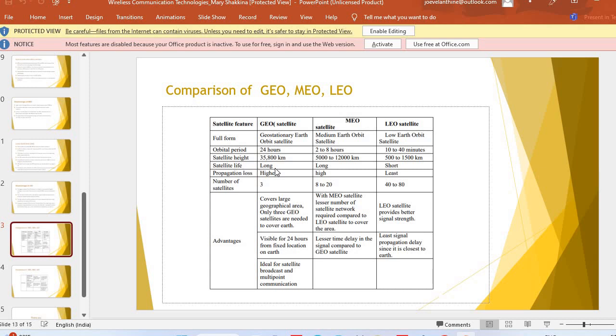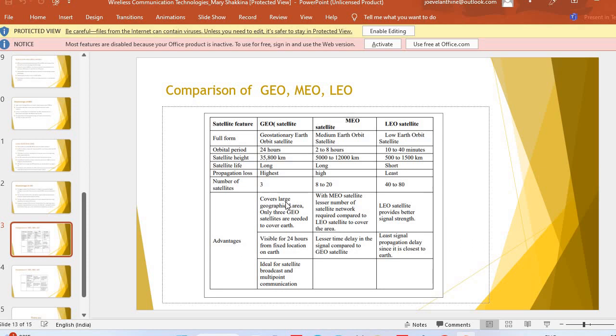Satellite life is long, medium, short. And propagation losses, this is the highest loss, high, least. Number of satellites required to cover the whole Earth is 3 satellites, 8 to 20 satellites, 40 to 80 satellites.